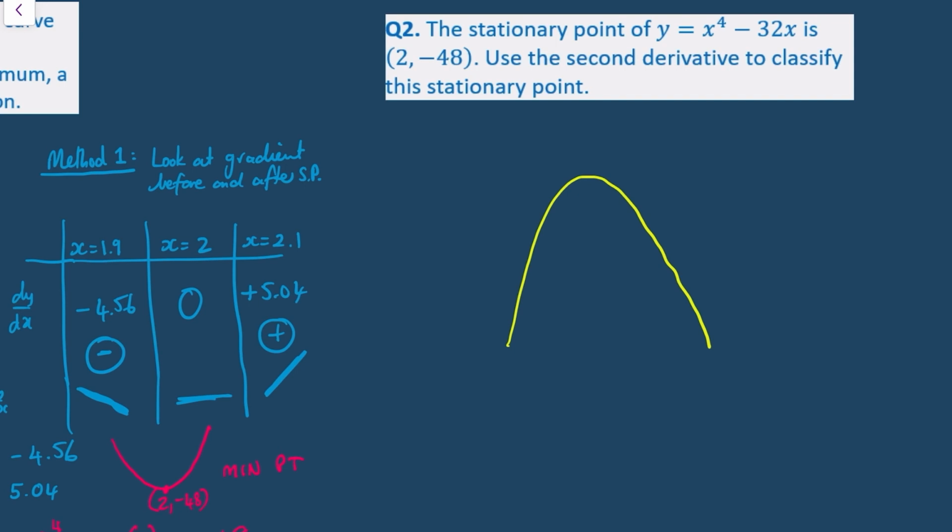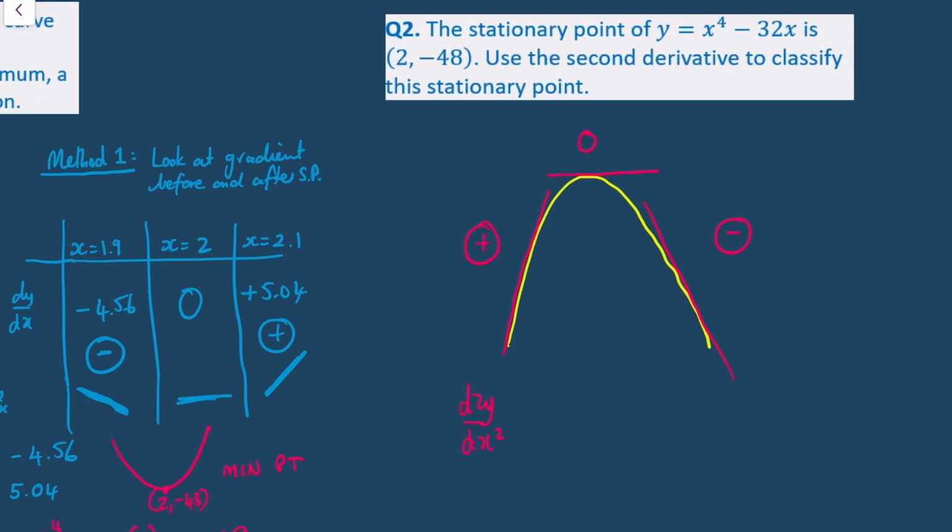if I have a maximum point, I know that on this side I will have a positive gradient. I will have a gradient of 0, and on this side I will have a negative gradient. So if I differentiate the gradient function, the second derivative, d2y by dx squared, tells me the rate at which the gradient is changing.